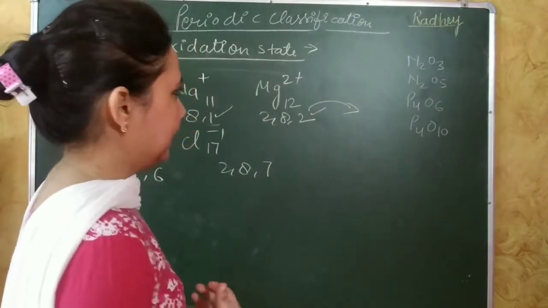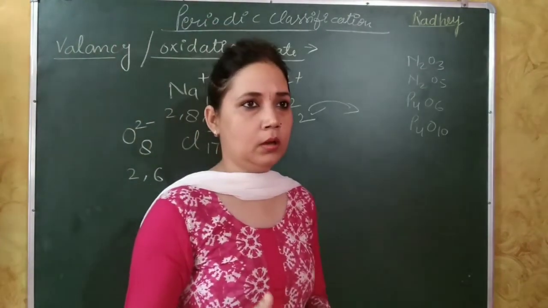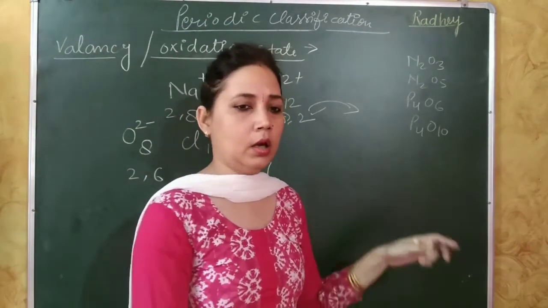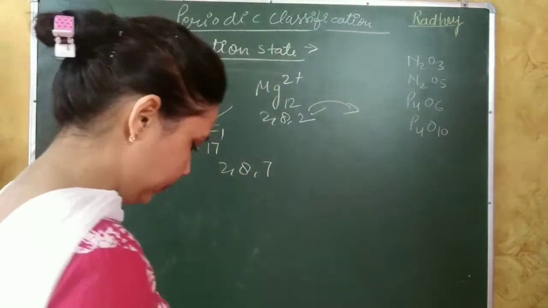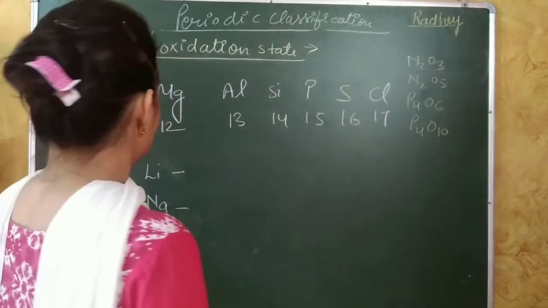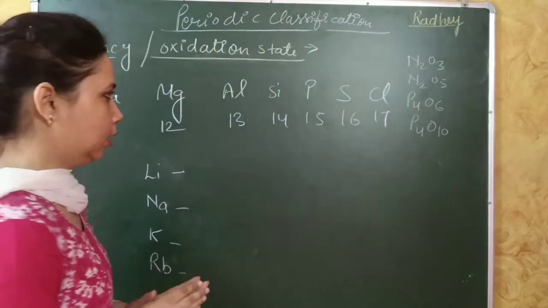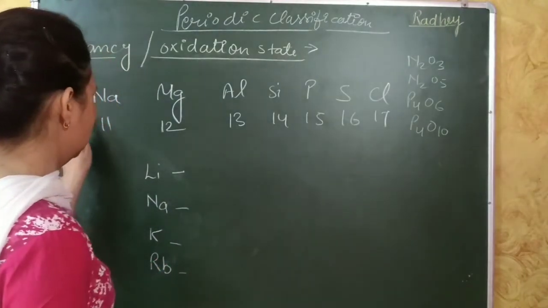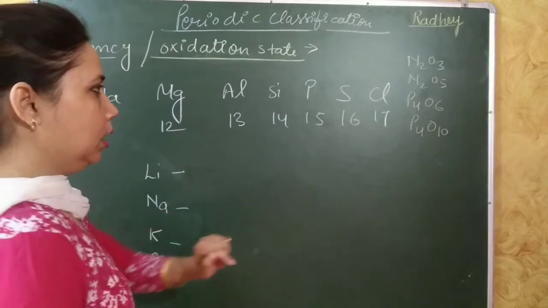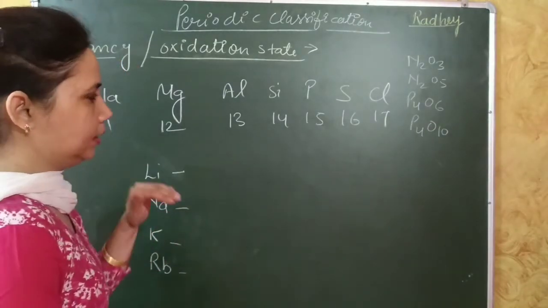Now let's see how valency changes across a period or a group. Here is an example of a period. It is the third period, so the elements are written here.